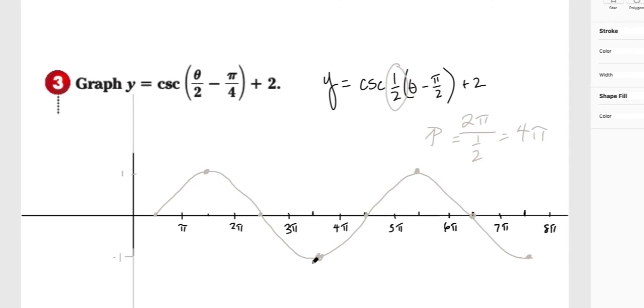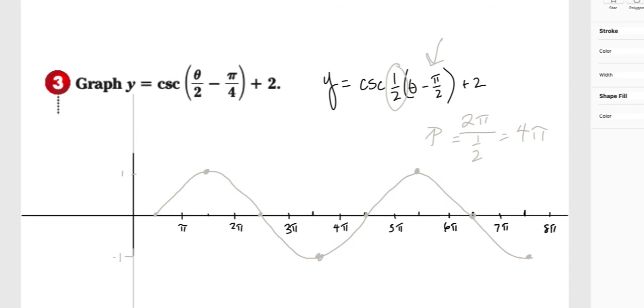So I know one full cycle has to happen over 4 pi. We also have the phase shift, a horizontal shift of pi over 2. I did not do the vertical shift up 2. I will save that for later, and I'll show you how I'm going to do that. Though I could have shifted it up 2 and then just done the reciprocal function, but I didn't.